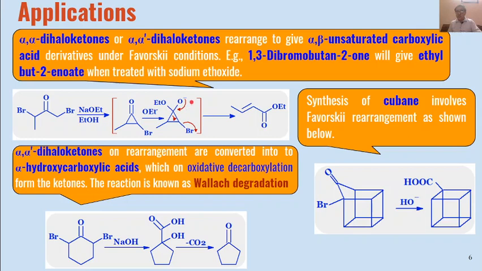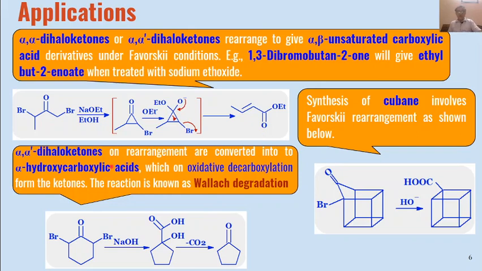Now there is not the possibility that either this bond can break or this bond can break. Here that path will be taken up where elimination of this bromide can take place. So this will go to this place and this bond will break and bromide will be eliminated, and we will get the more stable product in the form of alpha beta unsaturated esters.